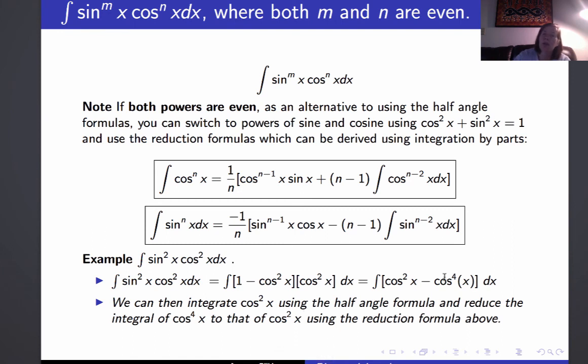Now I could write the integral of cosine to the 4th x dx as some function plus some constant times the integral of cosine squared x dx. And of course, cosine squared of x, I can just solve that using the half-angle formula. So I can solve this using a combination of these reduction formulas and the half-angle formula.